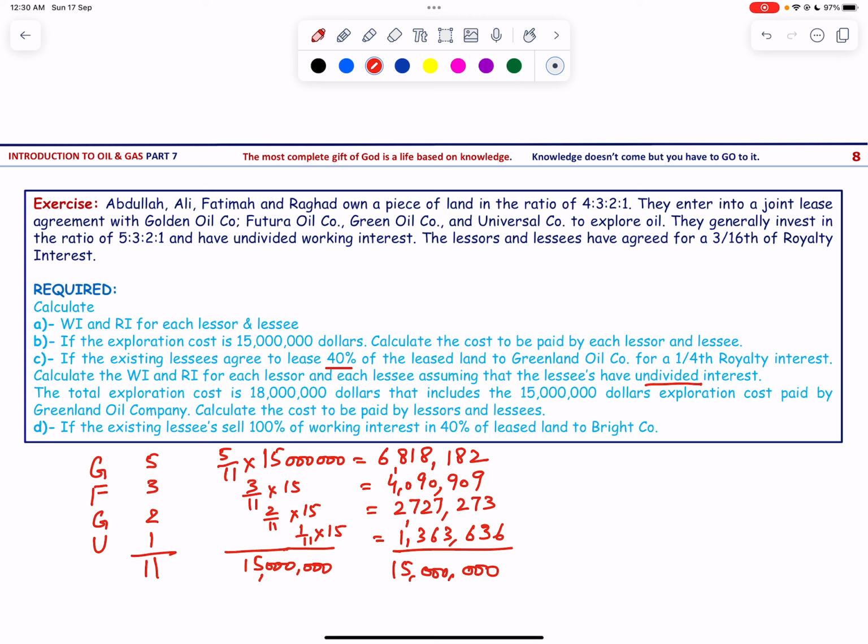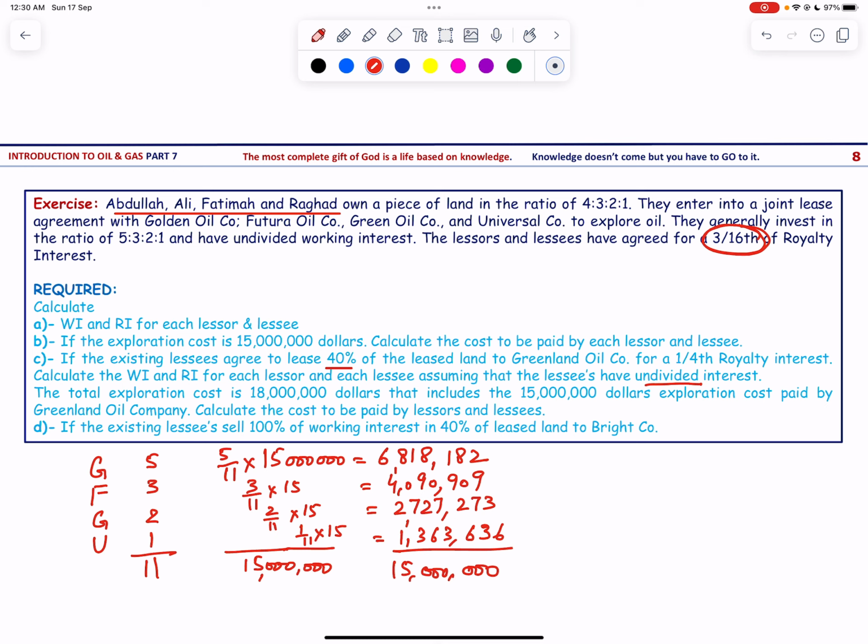So still the lessors, that is Abdullah, Ali, Fatima and Ragad, will not pay any exploration cost. They will only receive 3 upon 16 of royalty interest.